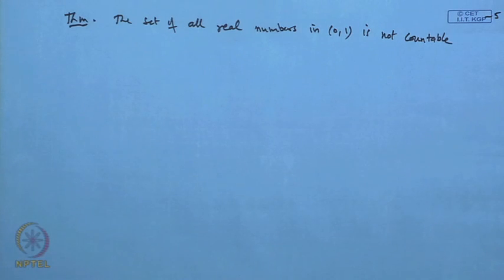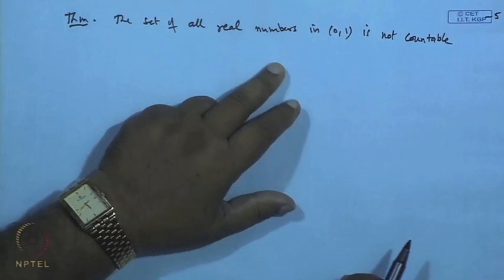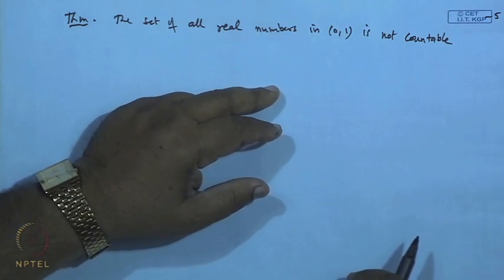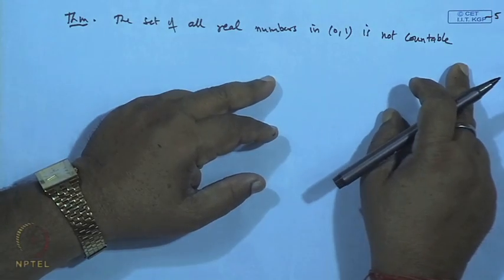So not all infinite sets need to be countable. The real numbers lying between 0 and 1 form an infinite set, but this set is not countable.